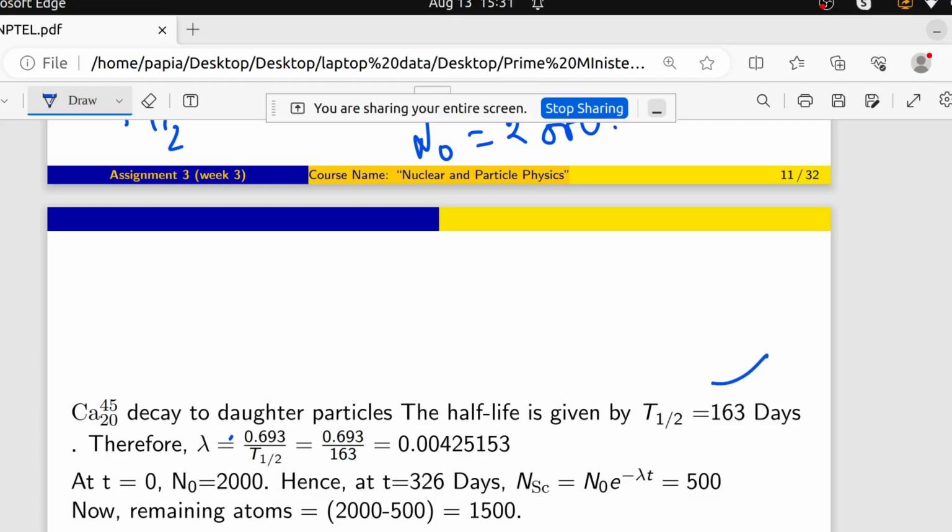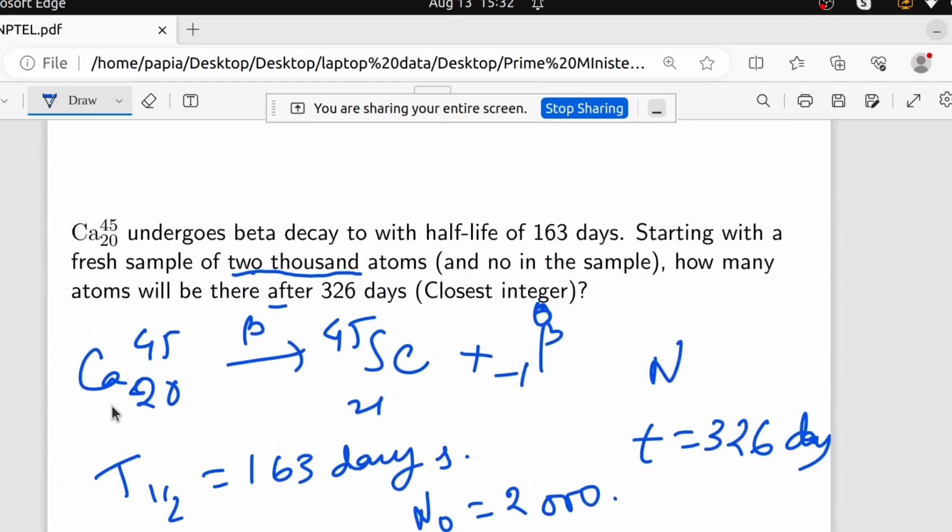Then immediately we can calculate the value of lambda. Lambda is 0.693 divided by T half. It is in day inverse. Just remember the unit here. It was in days, so that means lambda is in day inverse. At t equals 0, N0 was 2000. Hence at t equals 326 days, this one is 500, the remaining atoms. How many atoms will be there?